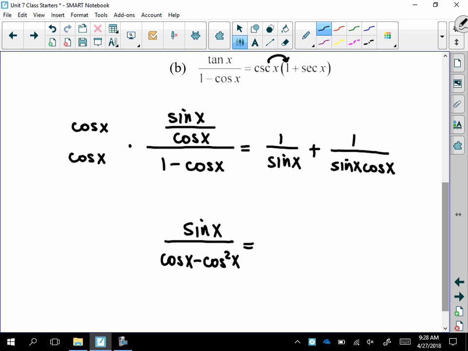And what are we going to need to do on the right-hand side? Multiply the second one by cosine to get a common denominator. So we multiply this first fraction by cosine on top and bottom, and then we can add the two fractions together, so it's going to be cosine of x plus 1 over sine times cosine.